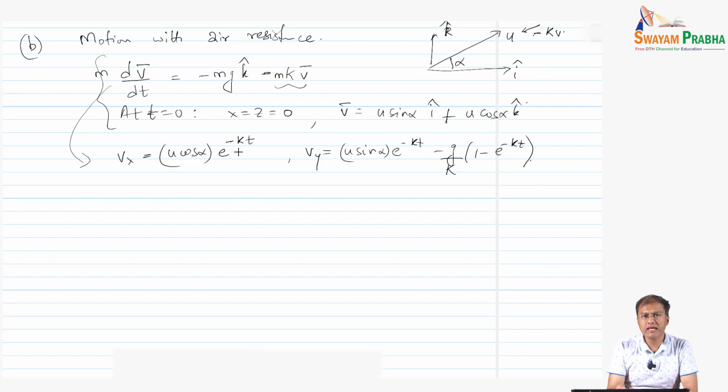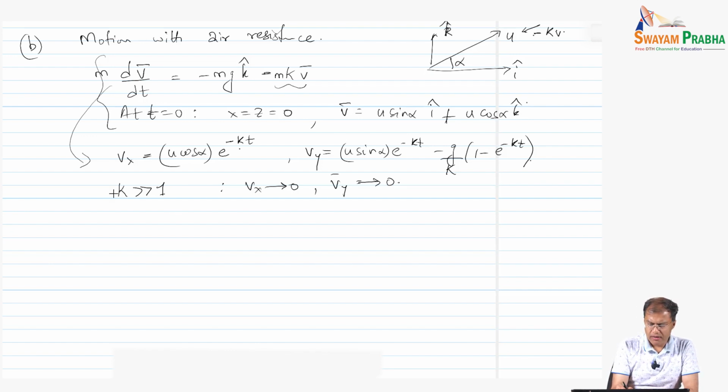So we see that for very large air resistance, for example, when k is large, the Vx component is almost negligibly small, and of course both the velocities are negligibly small. So that is a simple analysis.